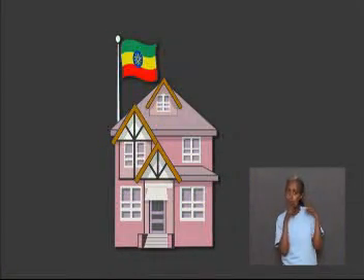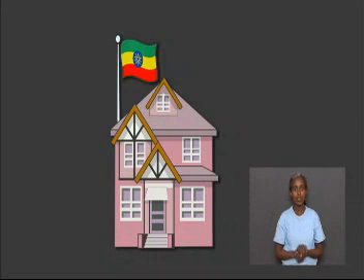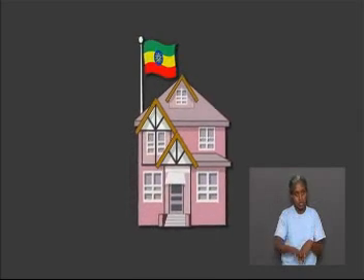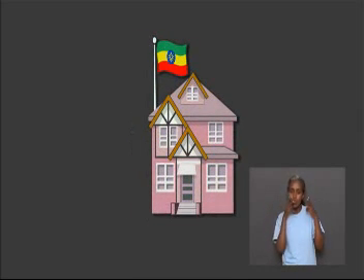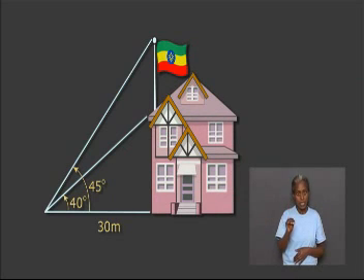Let us observe the flagpole on the top of this house. We can see that it is very tall, but it does not extend to the ground. We will use a new method of problem solving to discover its length. The observer is standing 30 meters away from the house.